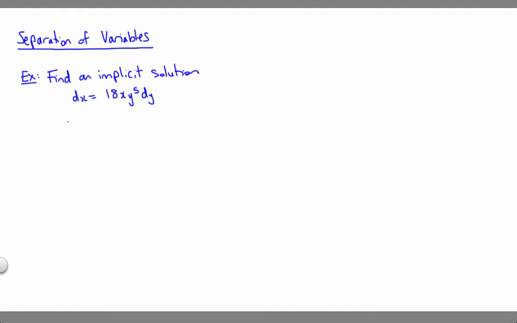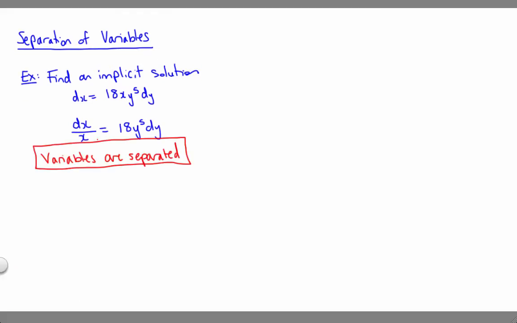First thing we're going to do here is divide both sides of the equation by x. So we'd have dx over x is equal to 18y to the fifth dy. At this point, we would say the variables are separated.